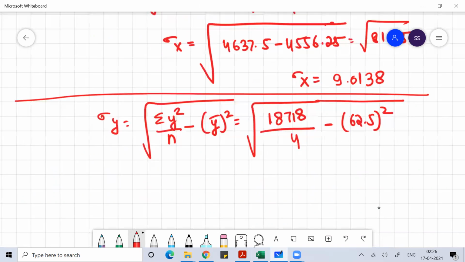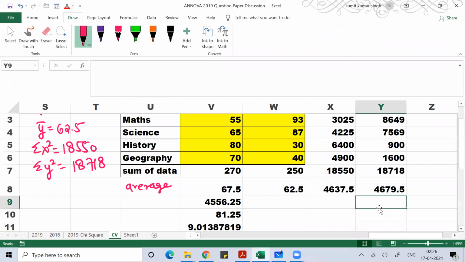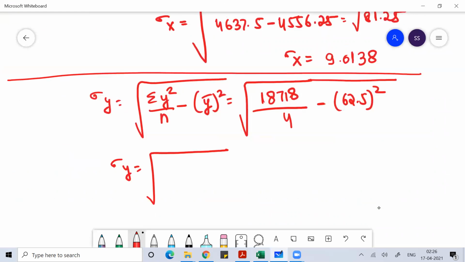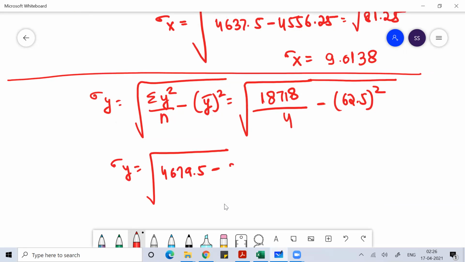Okay, so you can find the standard deviation of y is equal to under root of 18718 divided by 4, 4679.5, minus 62.5 square, 3906.25.